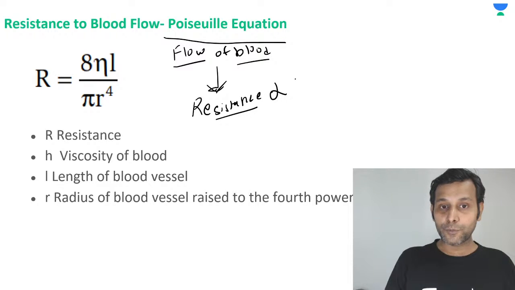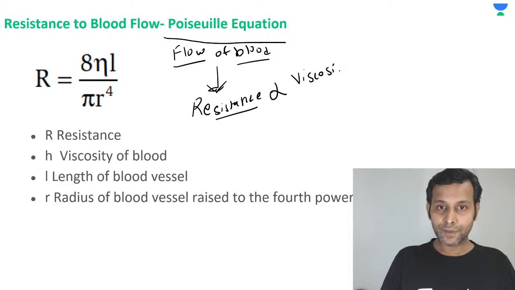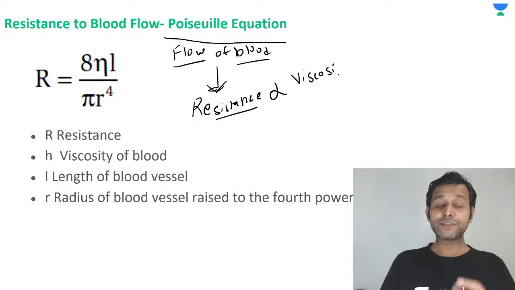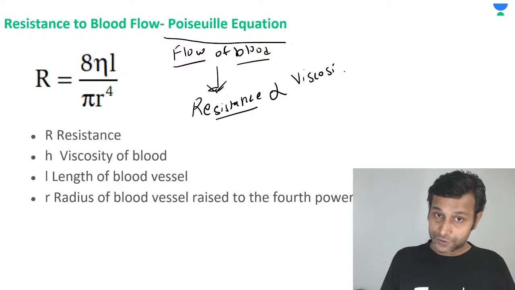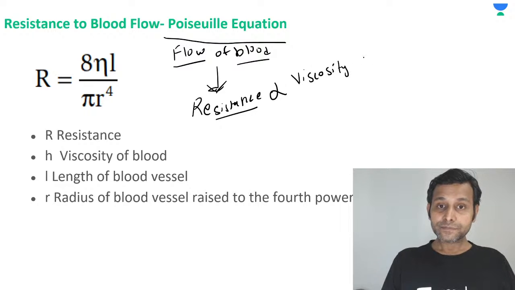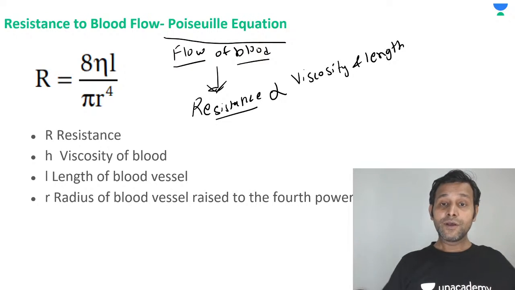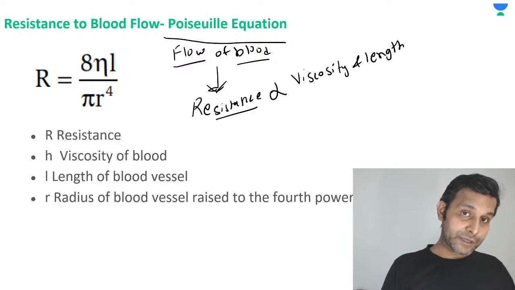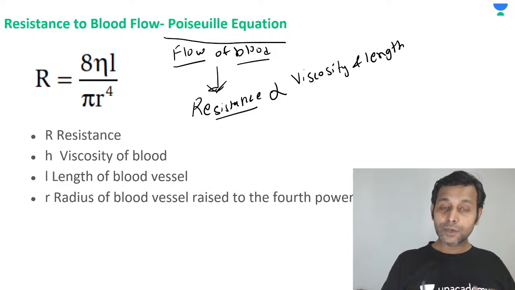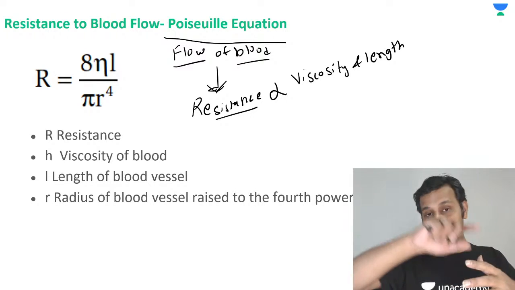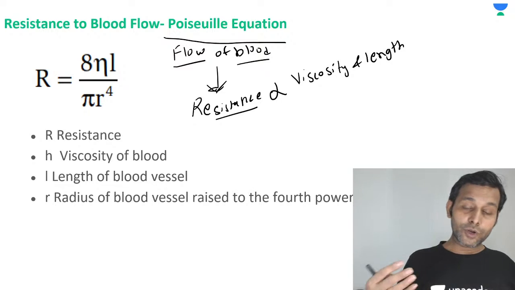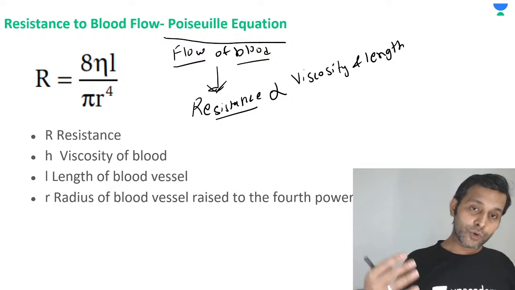So resistance to the blood flow is directly proportional to the viscosity and length, because as the length increases, the resistance will increase; the more the length, the more the blood is going to interact with the vessel wall, and the more the blood interacts with the vessel wall, the more resistance.